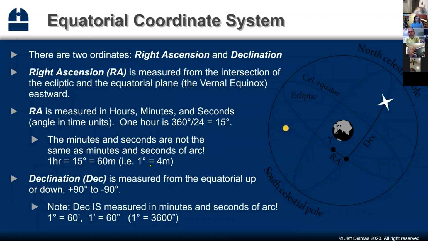Now it is measured in degrees, minutes, and seconds of arc. So those declination units are always the same, as opposed to the time units translating. The time units translate to degrees differently depending on the declination, but you really don't need to know that. I mean, you don't need to use that. It's immaterial, really.